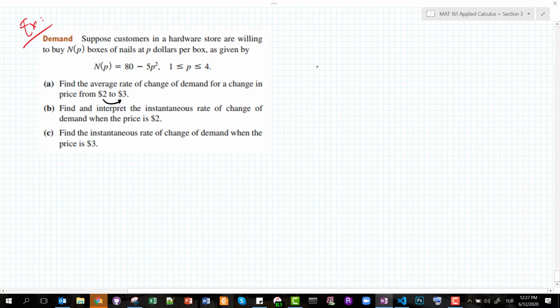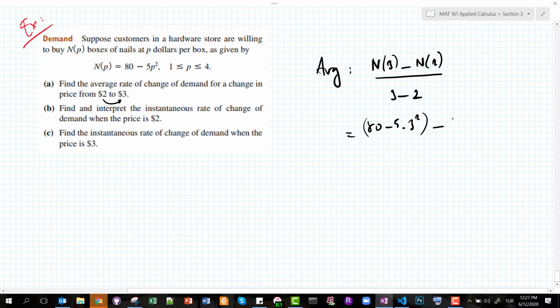I need to use the average rate of change formula from 2 to 3: n of 3 minus n of 2 over 3 minus 2. If you calculate n of 3, which is 80 minus 5 times 3 squared, minus 80 minus 5 times 2 squared, and the bottom part is just 1, this gives you negative 25.